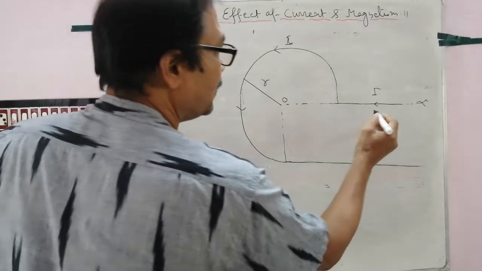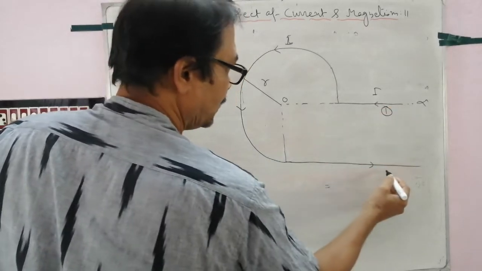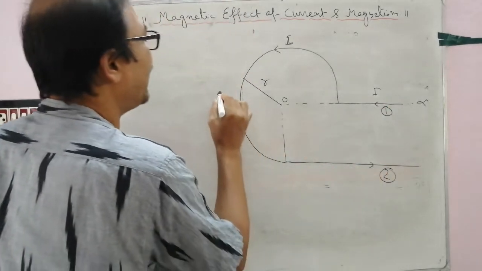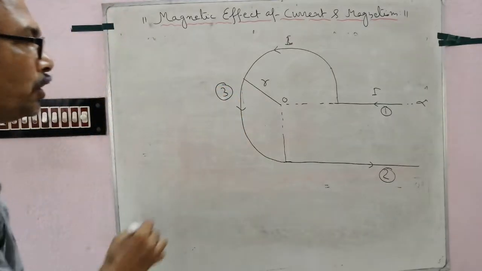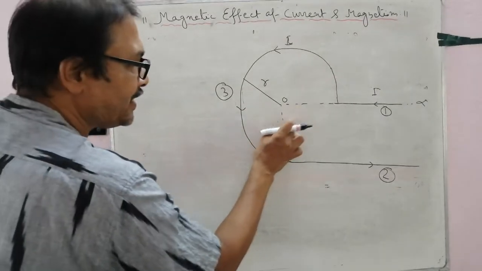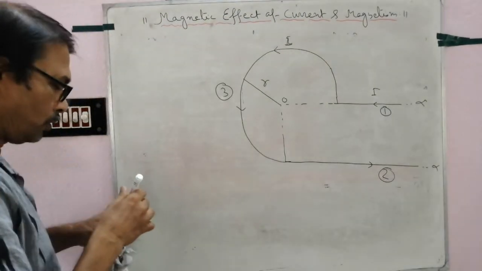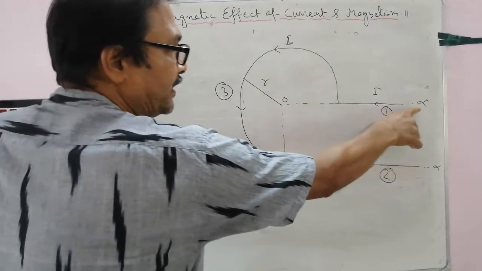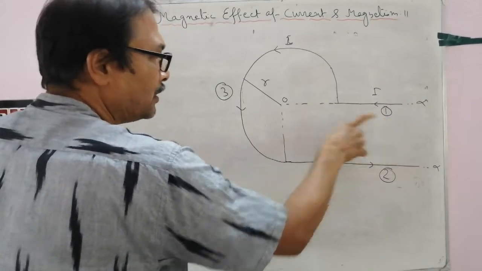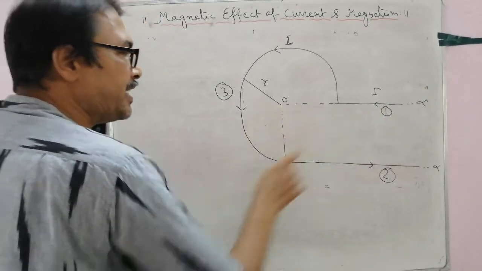So due to this wire, number 2, wire 2, and this is the circular loop. Due to the circular loop, this angle is 90 degrees. This is also infinity. This angle is 90 degrees. Follow, for this wire 1, the magnetic field at O is nil.